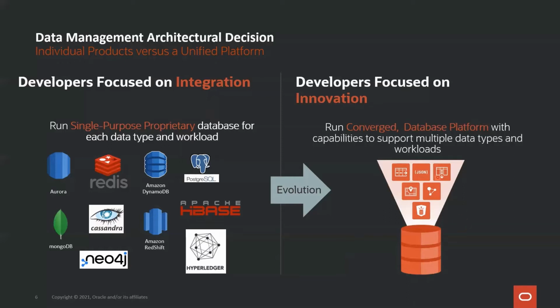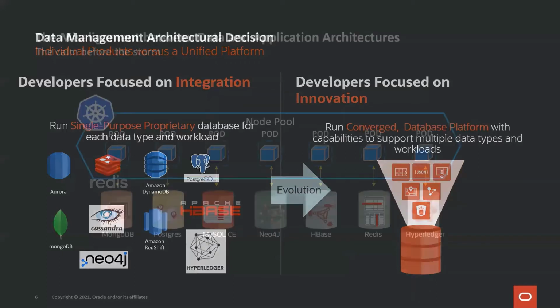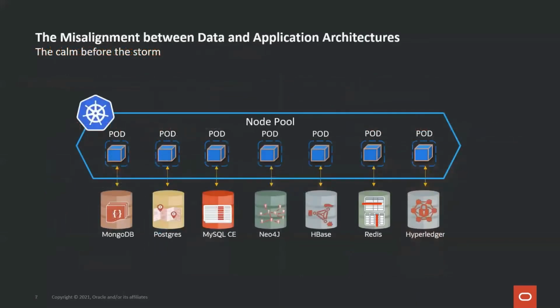On the other hand, the Oracle Converge database platform unifies all your data in the best possible way to maximize the value of your data capital while still providing application developers the flexibility to use whatever tools and languages they want to use. Now let's talk about this in a little more detail and why this is a problem.